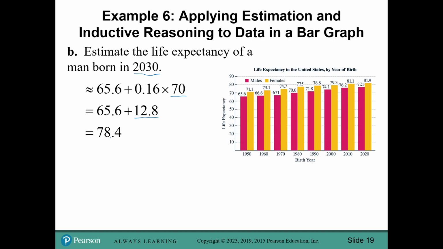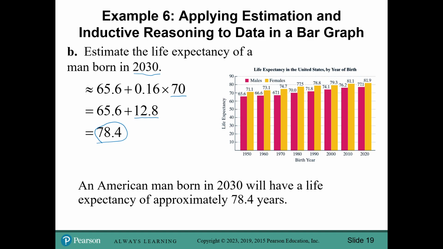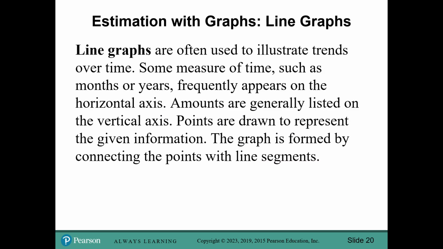That tells us that in the year 2030, a male's expected life expectancy in total is 78.4 years. So an American man born in 2030 will have a life expectancy of approximately 78.4 years.